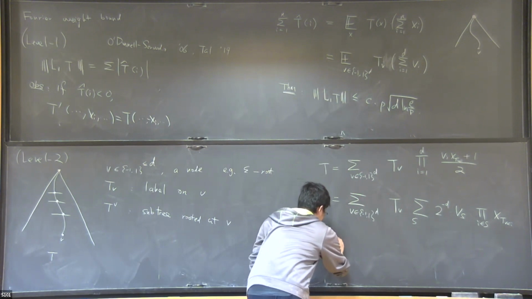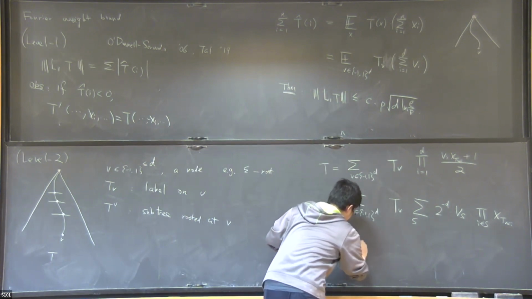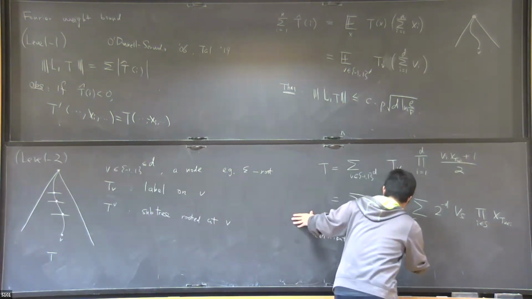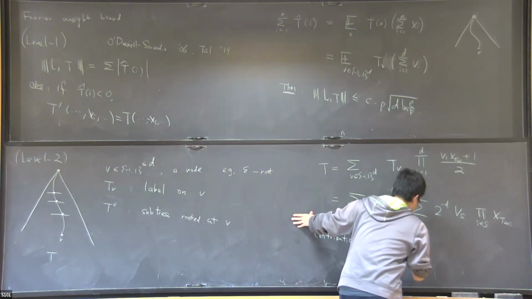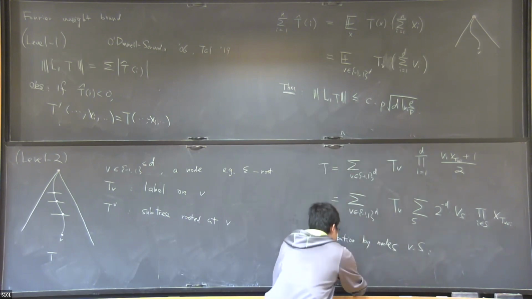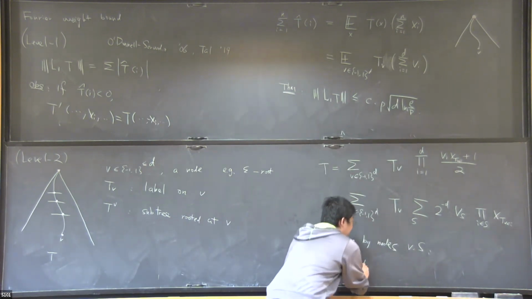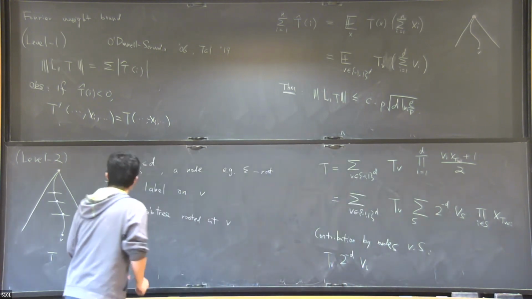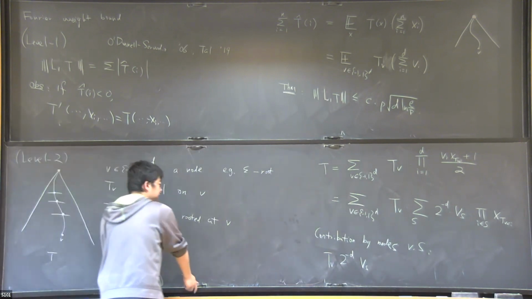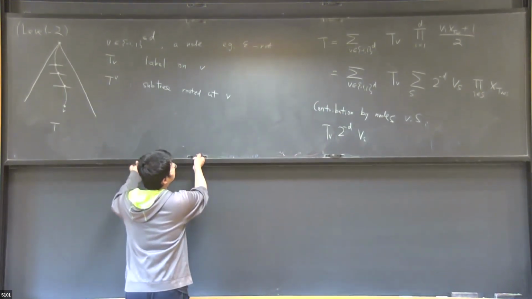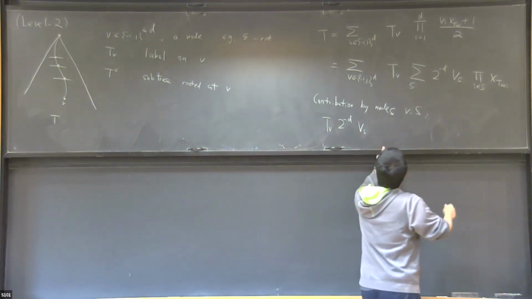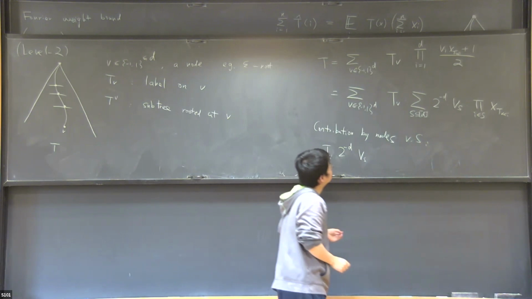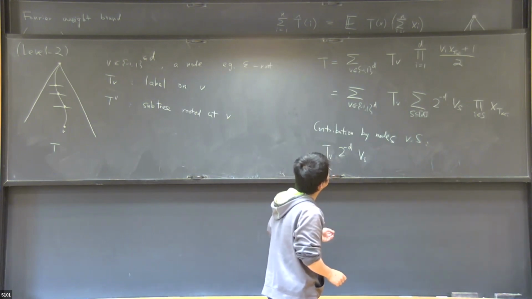So, contribution by nodes, with respect to a path v and a set of layers S. You don't really need to remember what this is exactly. v sub S is not exactly defined, but you really want the product of the values.